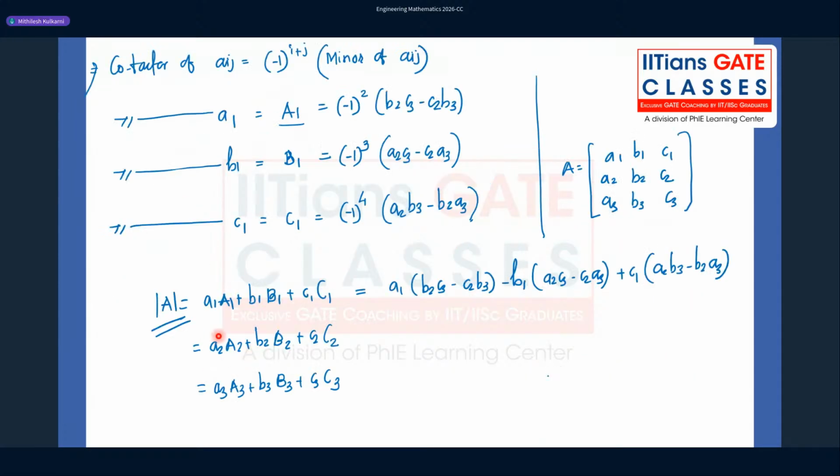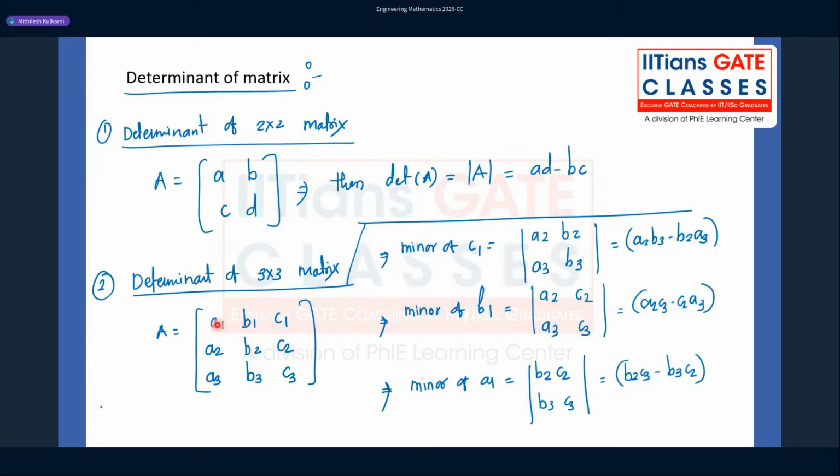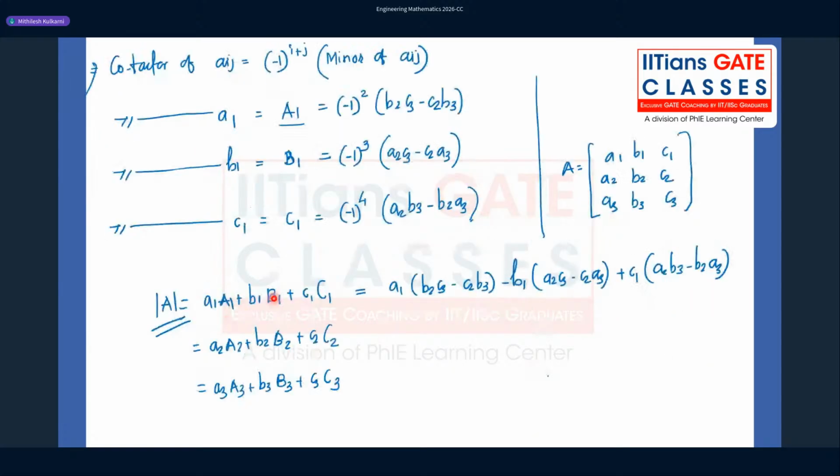So this is what I have written. Generally we consider the first row. So a1 into (b2 c3 minus c2 b3) plus b1 into minus (a2 c3 minus c2 a3) plus c1 into the cofactor of c1, which is (a2 b3 minus b2 a3).